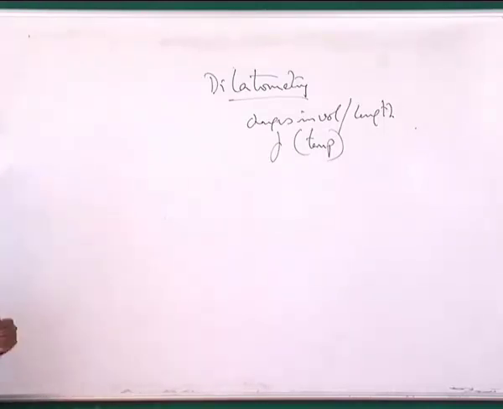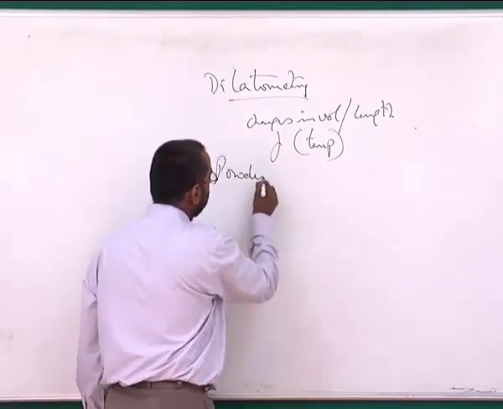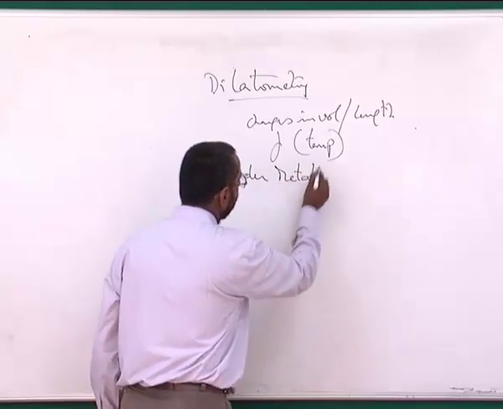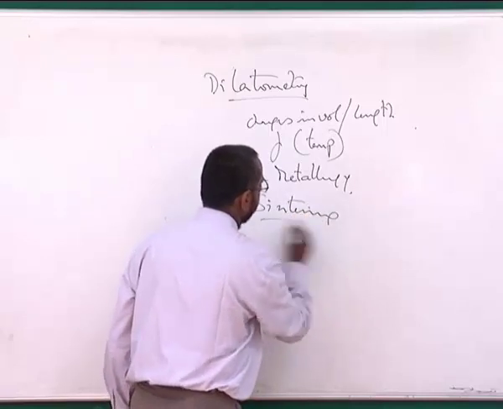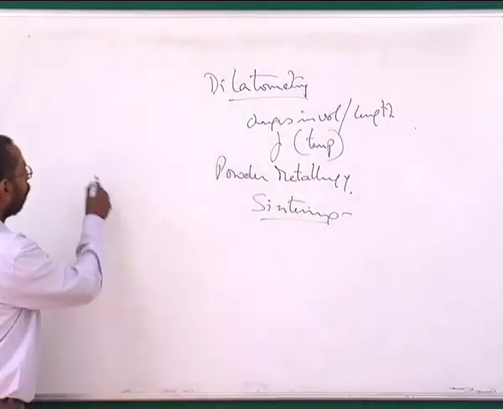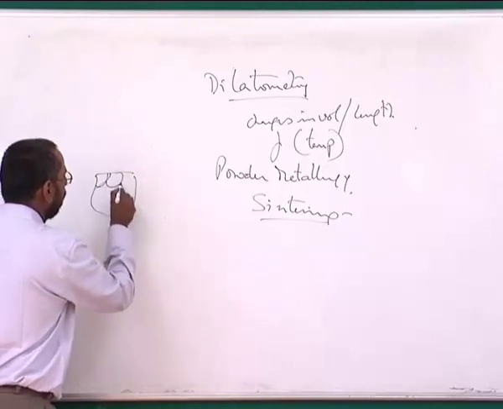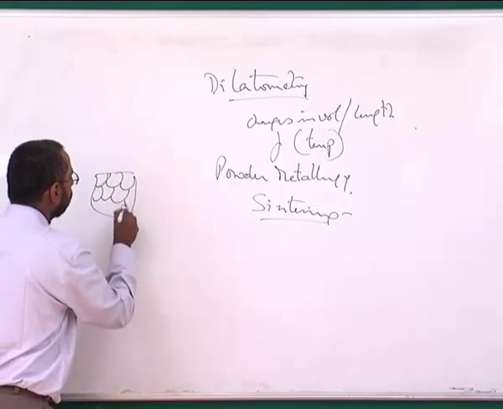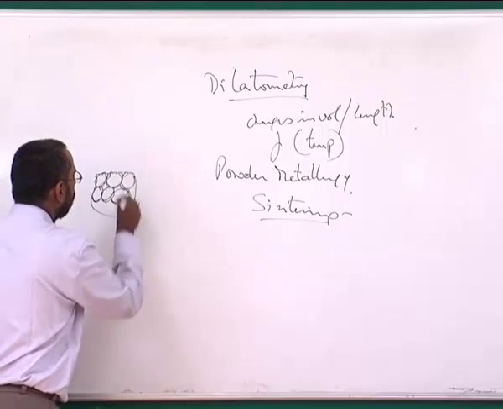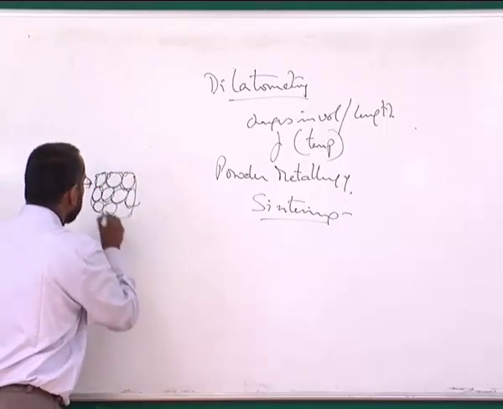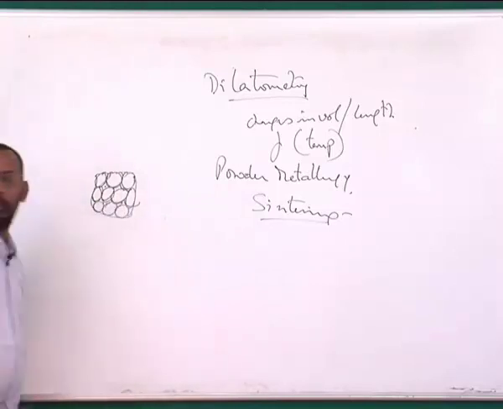We can also use it particularly for powder metallurgy. People regularly use this for finding out what is called sintering behavior. For example, if I take powder and do some kind of green compaction, these are all powder particles, and I have some holes here, which are all the porosity.